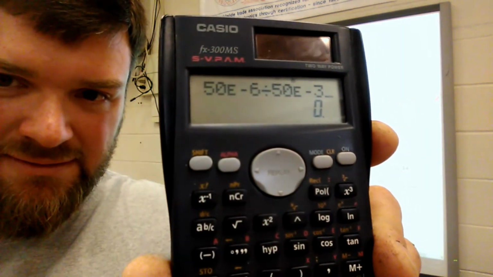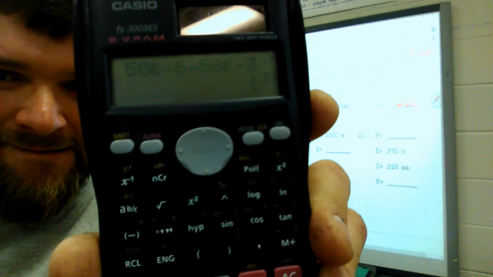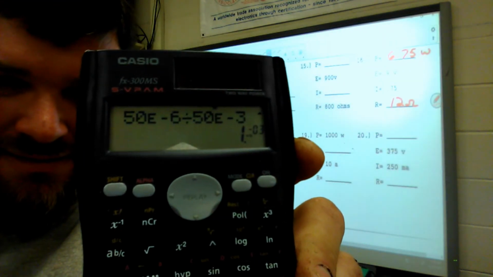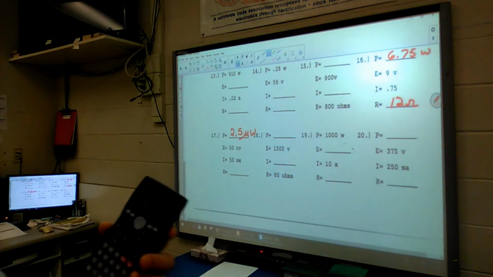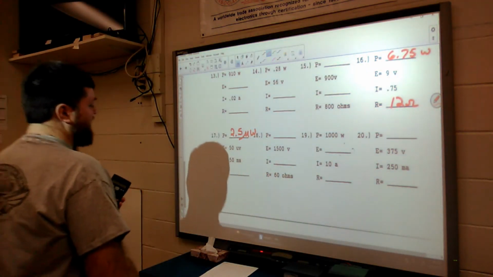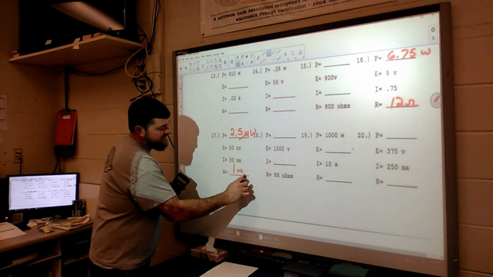We got that. Everybody good with that? We'll hit equals. Oh, I think I can see that backwards. Yeah, 1 milli. Wow. 1 exponent negative 3. So 1 exponent negative 3 is 1 milliohm.